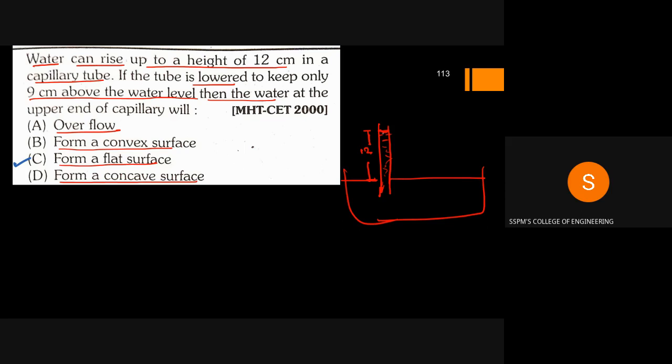If we decrease the height of the capillary tube, so that the height is just 9 centimeter, water will reach the topmost point, and because of the atmospheric pressure, it will form a flat surface. So the correct option is that it will form a flat surface.